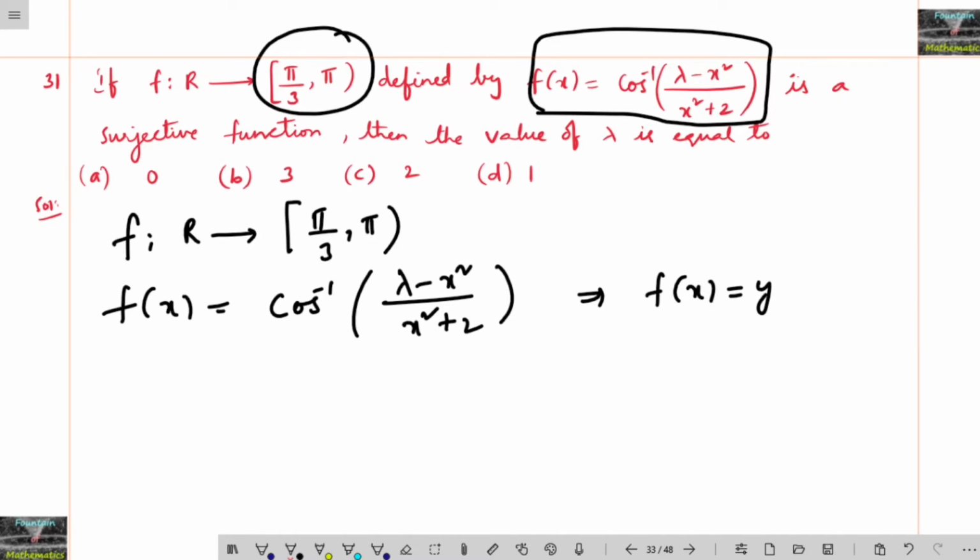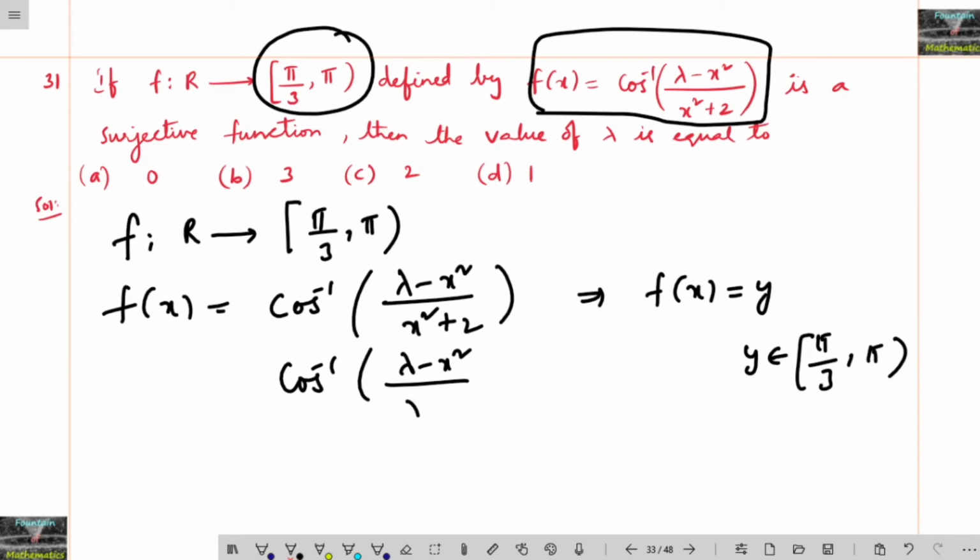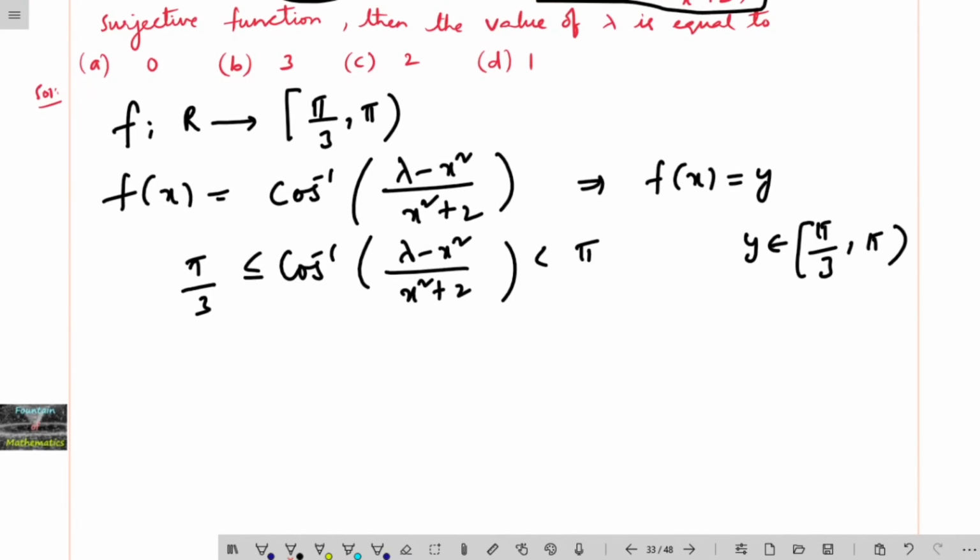That y is nothing but your codomain, y belongs to pi by 3 to pi, and hence we can say cos inverse of lambda minus x square upon x square plus 2 lies between pi by 3 and pi. Pi by 3 is less than or equals to cos inverse of lambda minus x square by x square plus 2, less than pi.